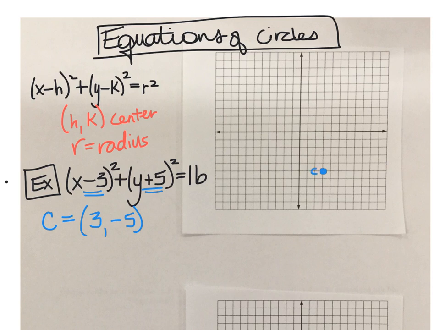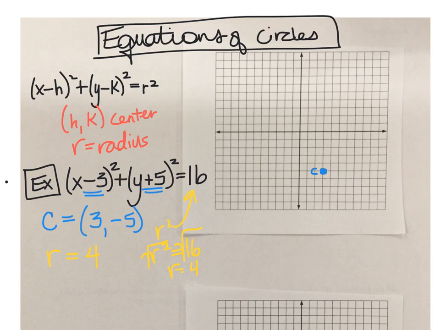Now, the radius, so how much you're going to count by, is going to come from this number out here. Now, remember, that is r squared. So some number times itself gave me 16, which means r itself must be 4, because 4 times 4 is 16. If you can't just see that right away, maybe you write down that r squared equals 16, and you're just taking the square root to find out what r is.